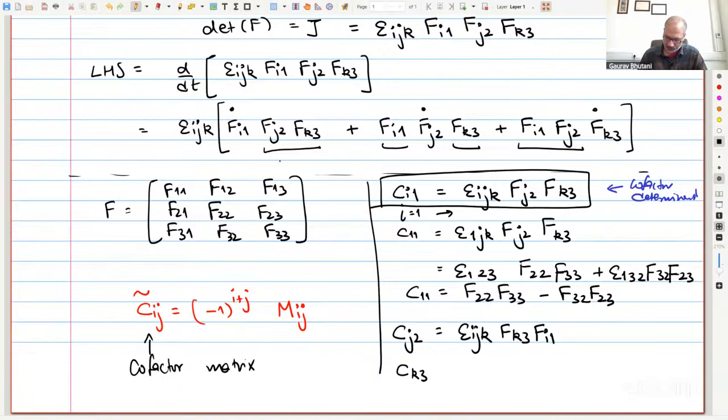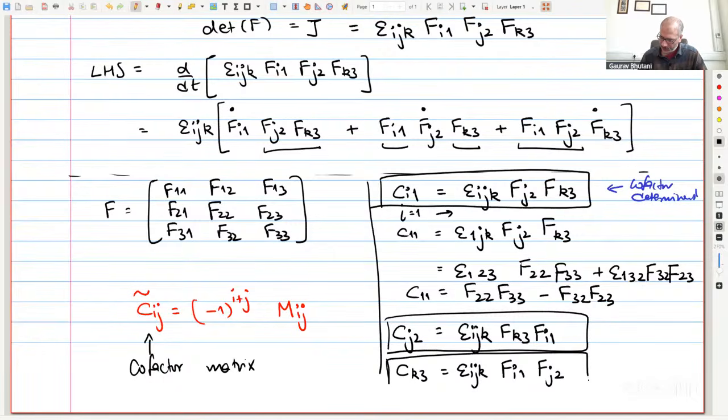Basically, this column here, if you take the different terms and the corresponding cofactor matrix and take the determinant of that, that can be expressed as epsilon ijk times Fi1 and Fj2. Again, you know the definition of the cofactor matrix. So it's not that difficult to see what the determinant of that would be.